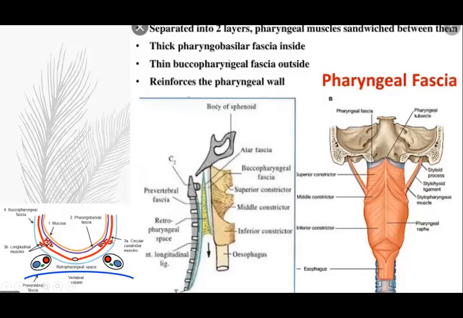So you have a thick pharyngobasilar fascia on the inside, lining the inside here. Okay? And then you have a thin buccopharyngeal fascia. ये gray सा जो है ना, ये buccopharyngeal fascia है. ठीक है?